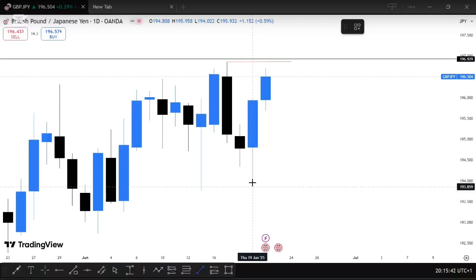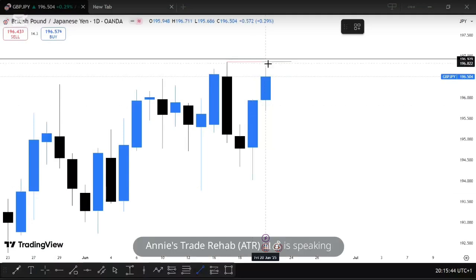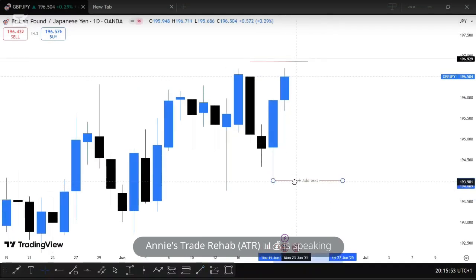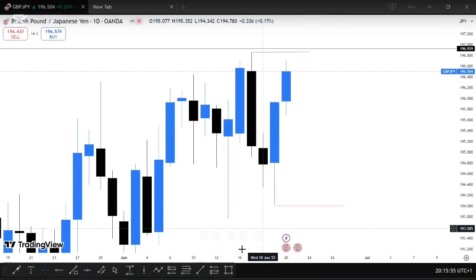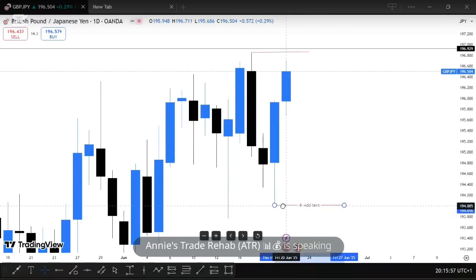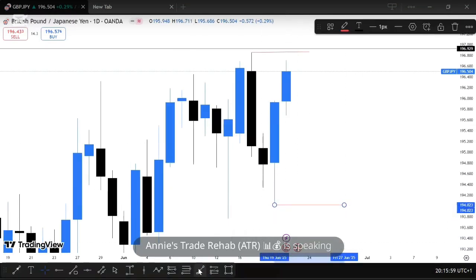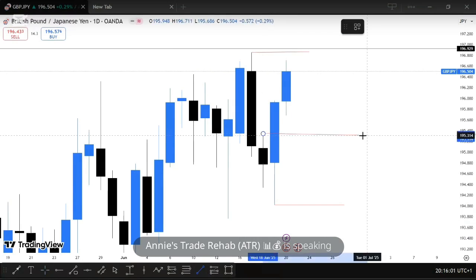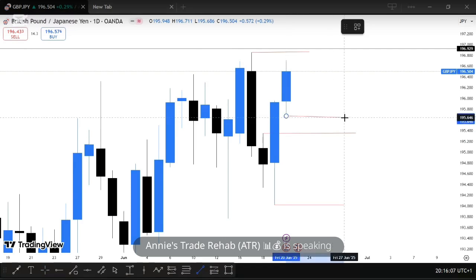So if we don't see a break above this, which I am waiting for to happen, we'll see a break below this to confirm a proper change of character to the downside. While we are waiting for price to give us this change of character, we should not forget that we have this other block, an FVG, that could potentially move price forward.